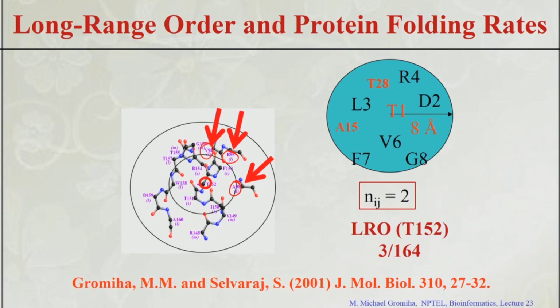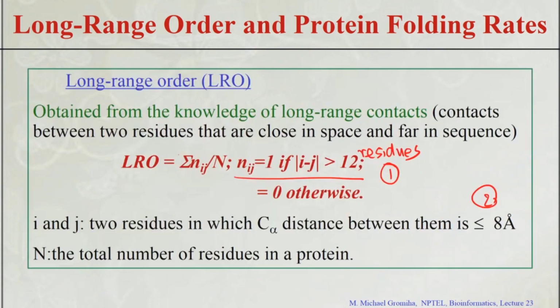Do it for all the residues. First you do the summation of Nij for each of these residues, sum up together, and then normalize with the n to get the LRO.